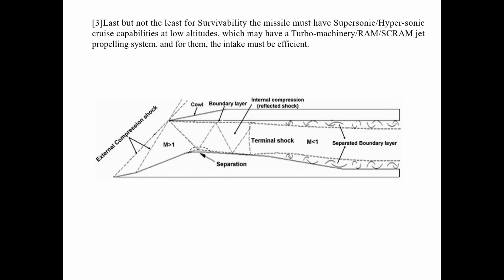For that we have to improve its intake, which will reduce the distortion and improve the efficiency of the intake. This can be further improved by using a good ramjet or scramjet engine, or it can use a gas turbine engine, which will result in advanced performance of the system. In the end, we will be able to create a new advanced weapon system.